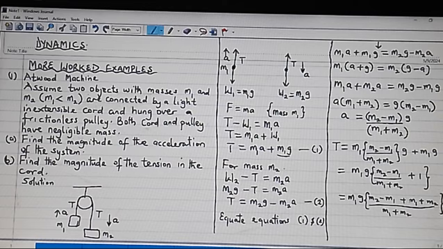Minus m1 plus m1 is 0, so we are left with m2 plus m2, which is 2m2. So we have m1g into 2m2 all divided by (m1 plus m2).